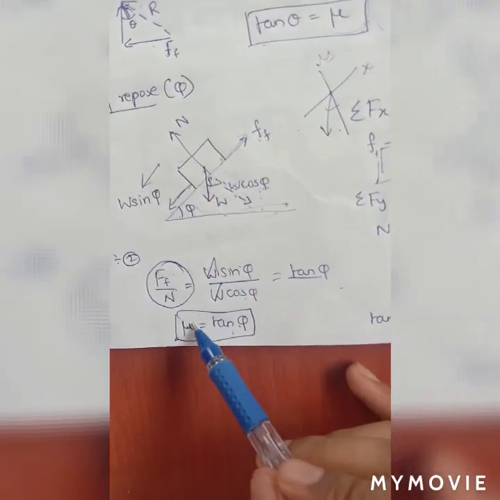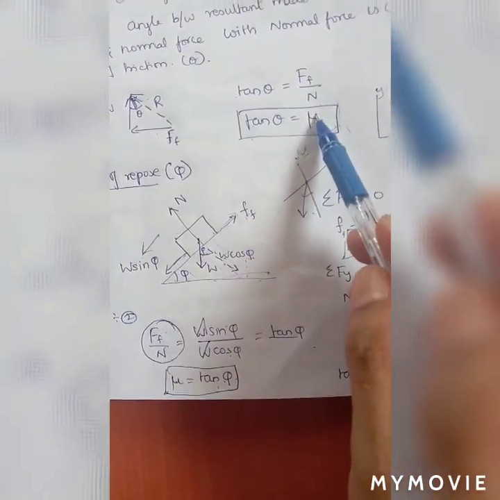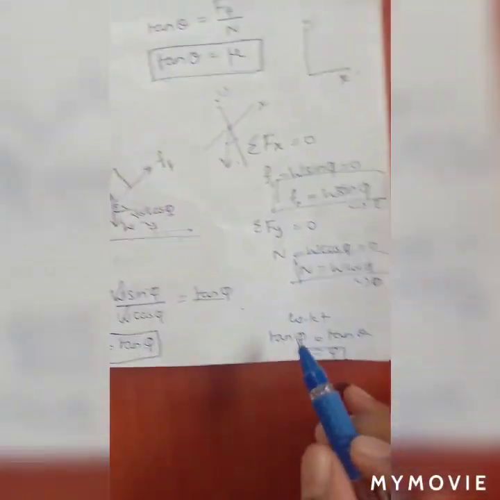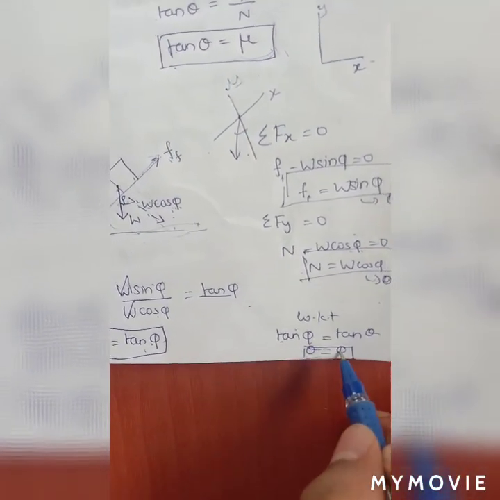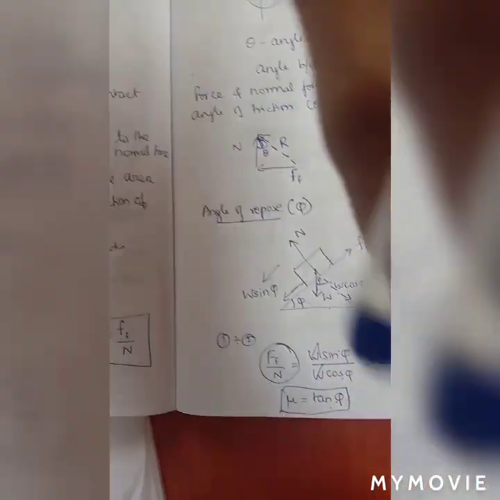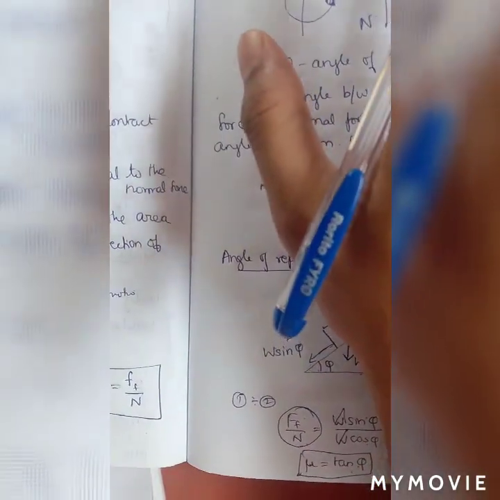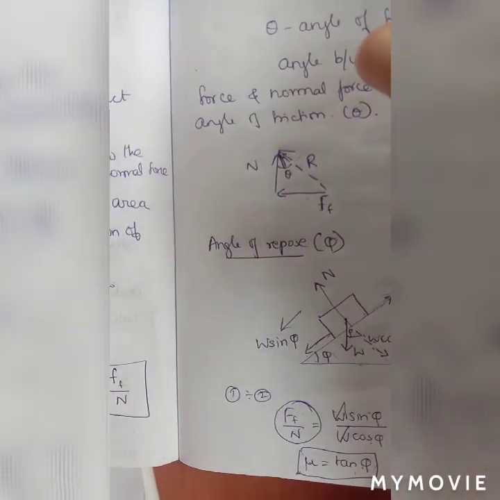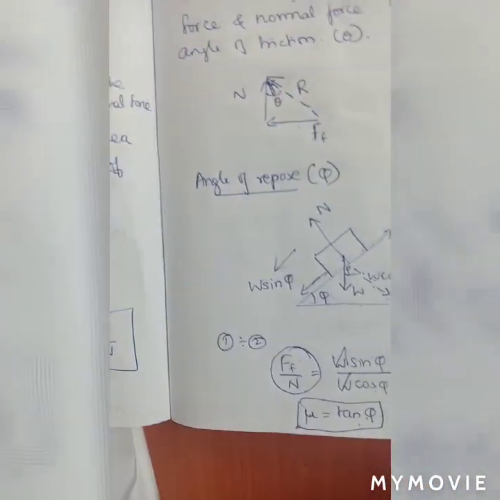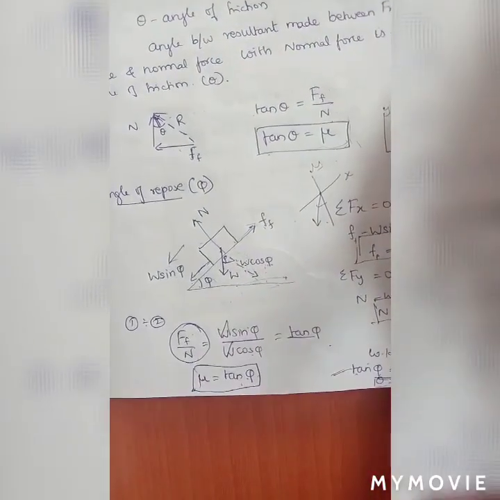So tan theta is equal to tan phi, which means theta is equal to phi. When the angle of repose is equal to the angle of friction, the object starts to move downwards. This is the conclusion we get.